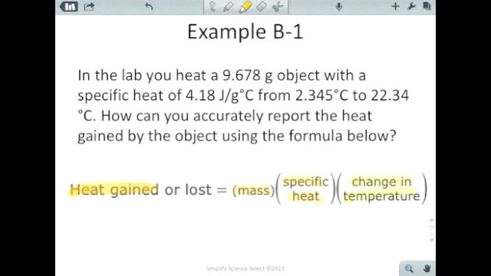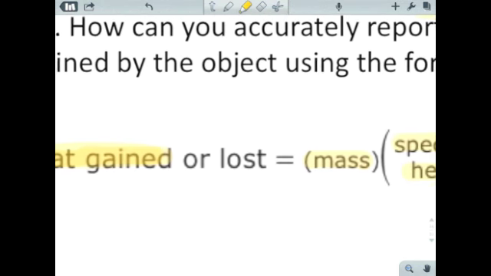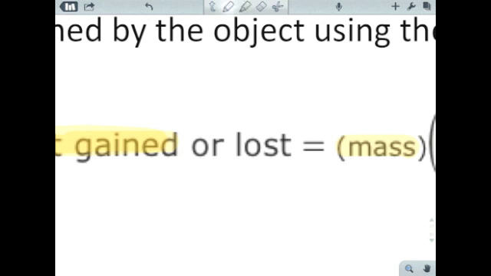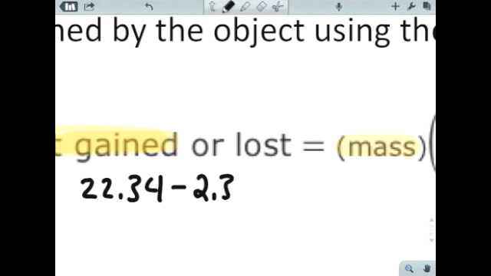Okay, so the first thing we have to do is let's find the change in temperature. And that's real simple. We have 2 temperatures right here. And the change in temperature, all it means is going to be our final temperature minus our initial temperature. So we're going to have 22.34 minus 2.345. And when we do this, remember what we want to do is line up our decimal places.